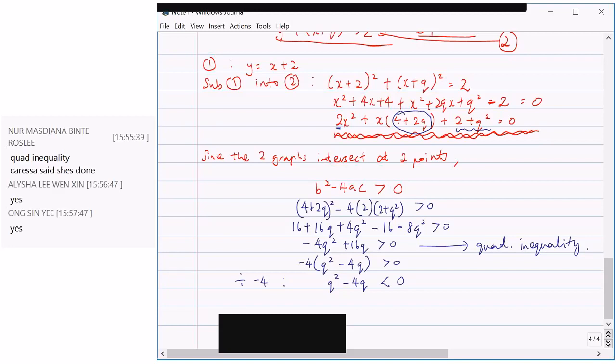So I'm going to start the process we just learned. The first step is to let q squared minus 4q equal 0. Take out q.